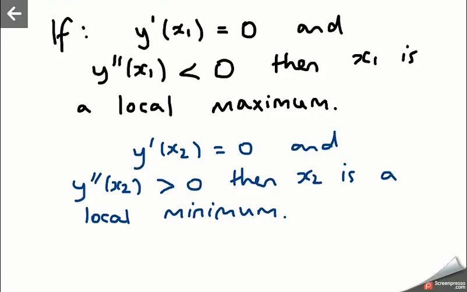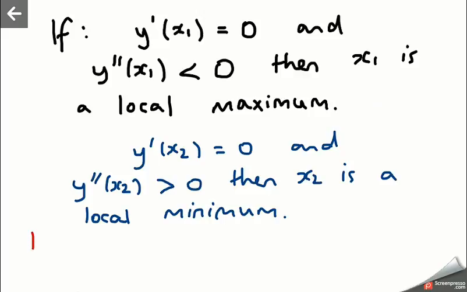So if these conditions are true, then we can tell whether the point is a local maximum or a local minimum. If y prime prime of either of them equals 0, then we get no further information about it.